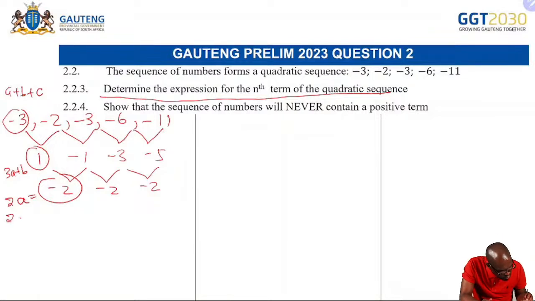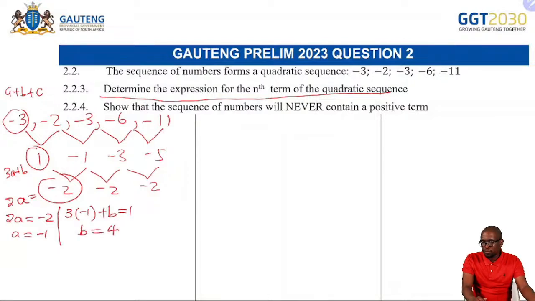So if my 2a is negative 2, then a becomes negative 1. So my 3a plus b, I already have a as negative 1, plus b is 1, which means that my b will then be equal to 4.